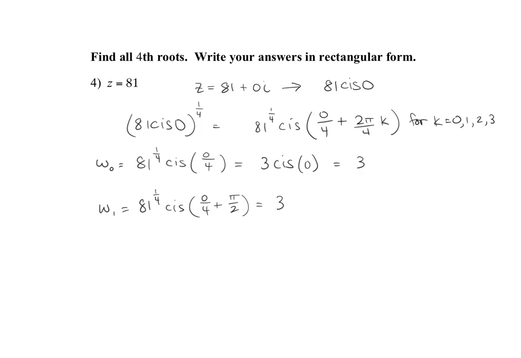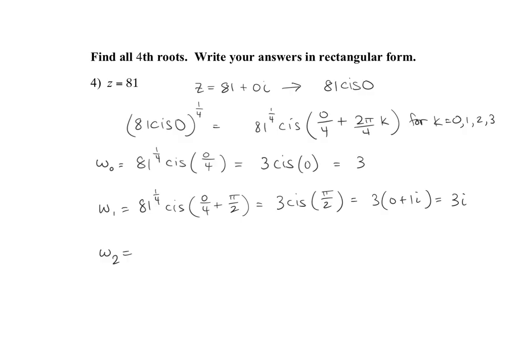This is 3 times the cosine plus i sine of pi halves. So at pi halves, cosine is 0 and sine is equal to 1. So it'd be 0 plus 1i, which is 3i.